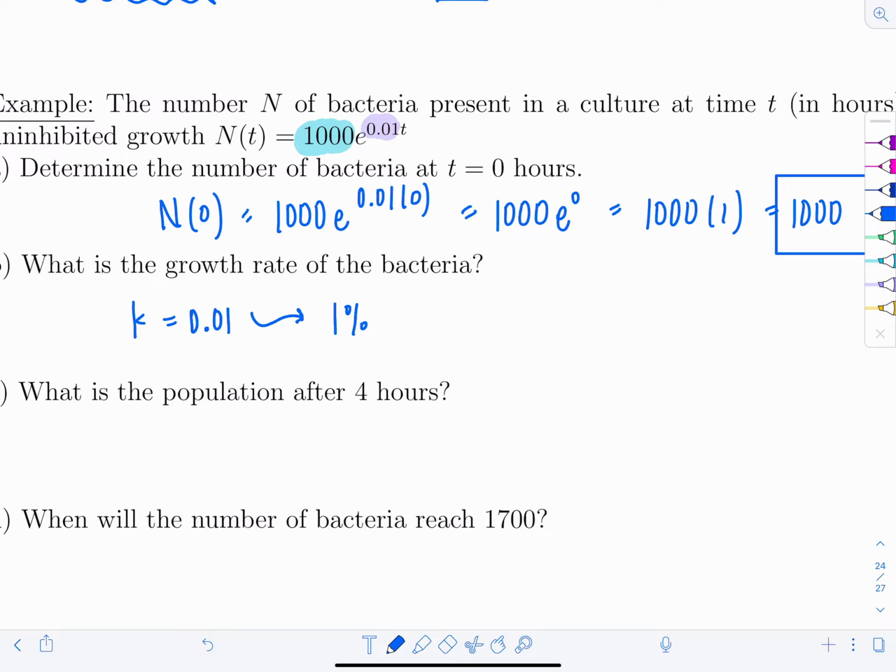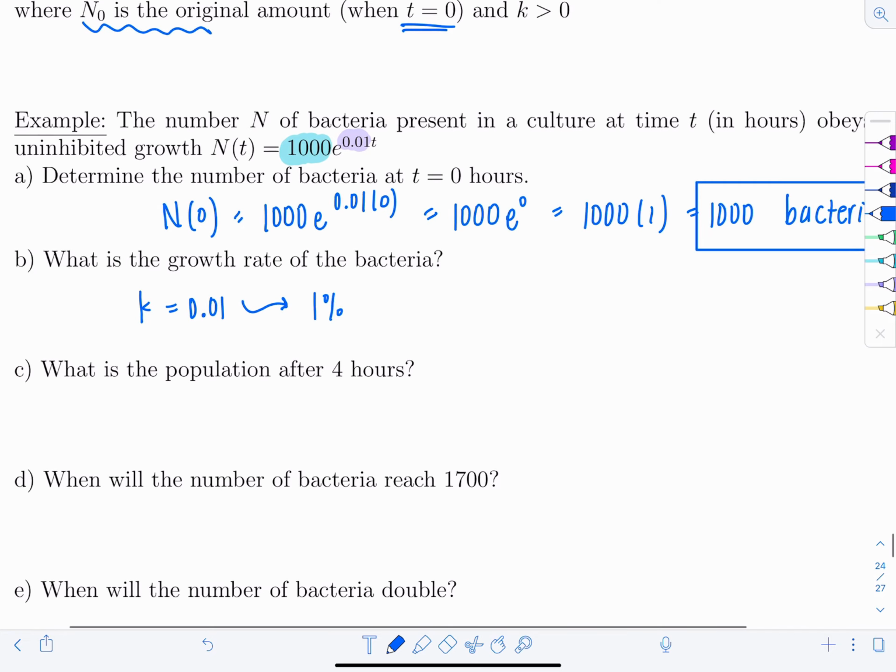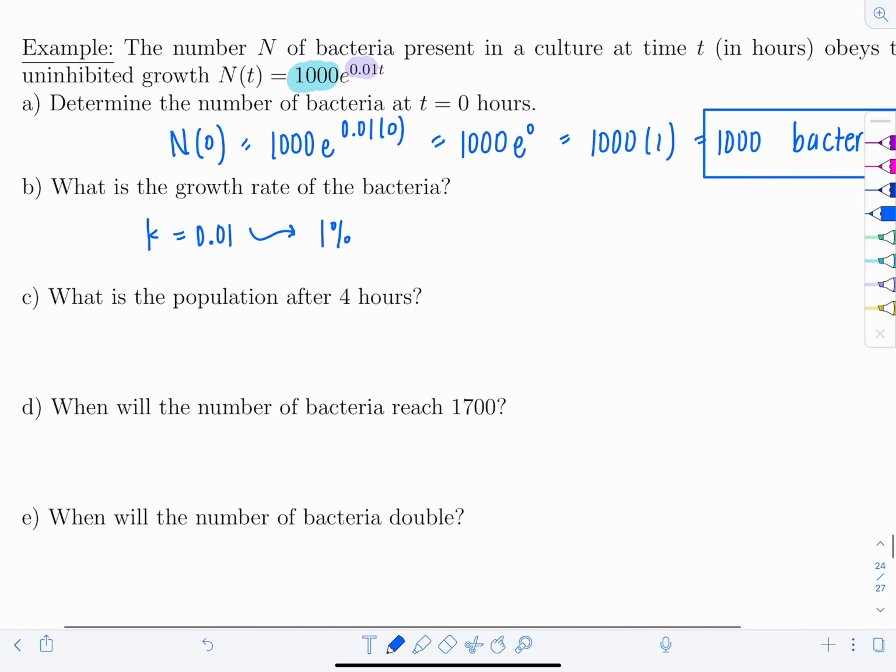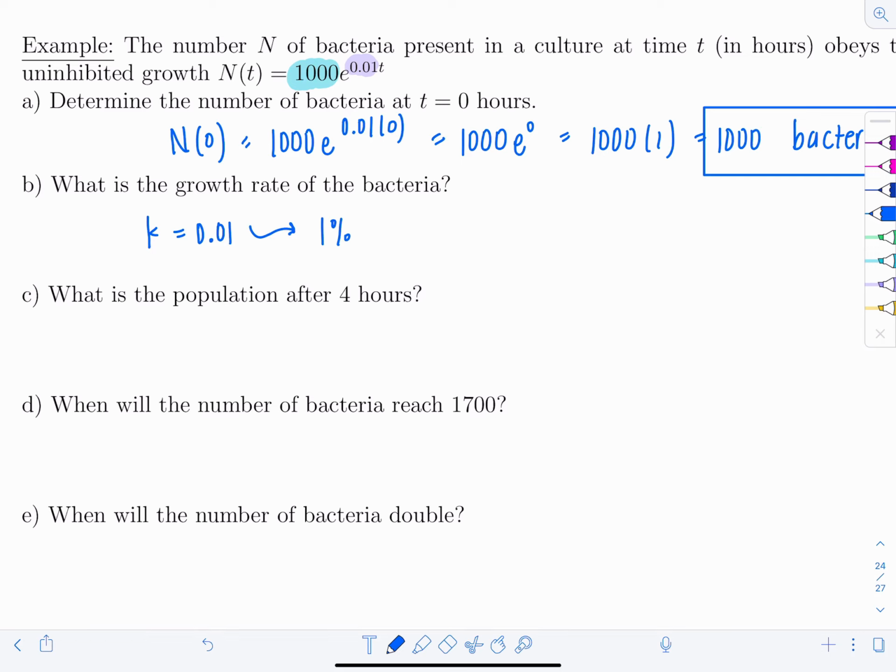Very good. Now, what is the population after 4 hours? So how would I figure that out? Well, they're telling me t is equal to 4, so I'm going to go back to the model and substitute in 4 for t. So N of 4 is equal to 1,000 times e to the 0.01 times 4. And this you can just punch into your calculator.